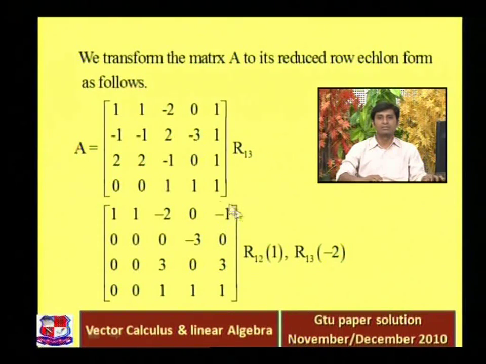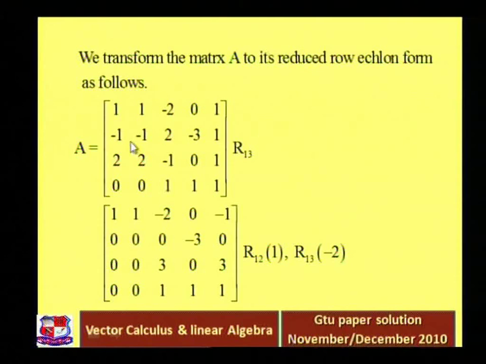Then minus 1 plus 1 0, minus 1 plus 1 0, then 2 minus 2 again 0, then minus 3 minus 0 minus 3, and this is 1 minus 1, you will get 0 here.